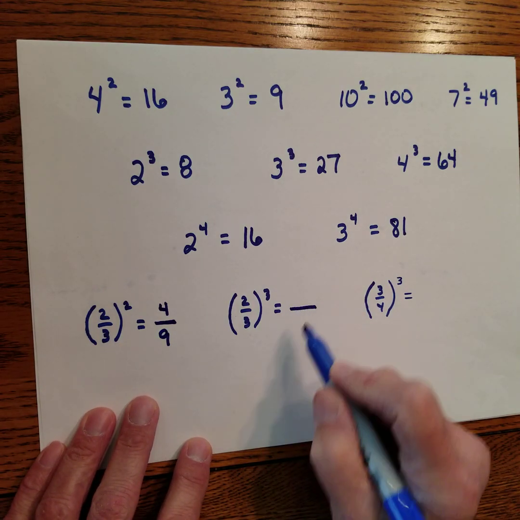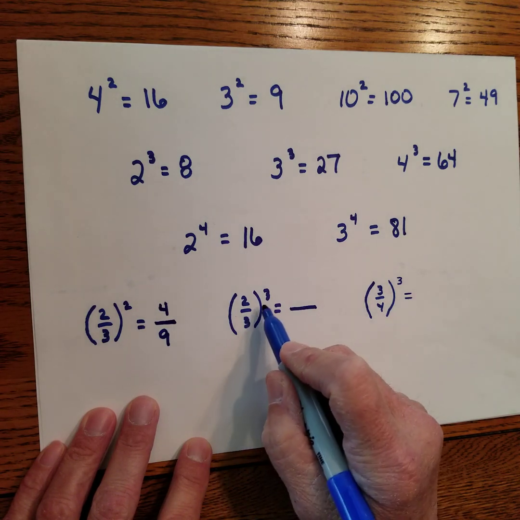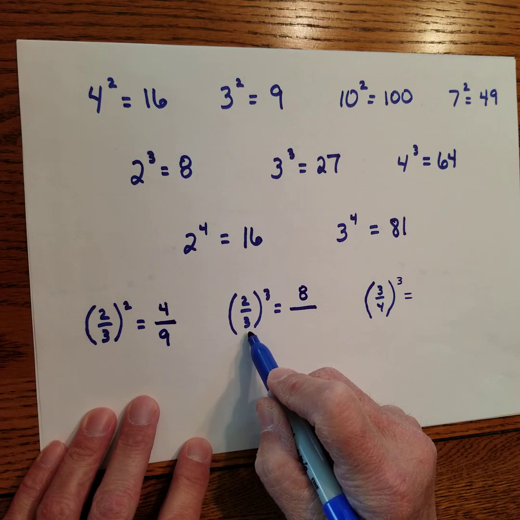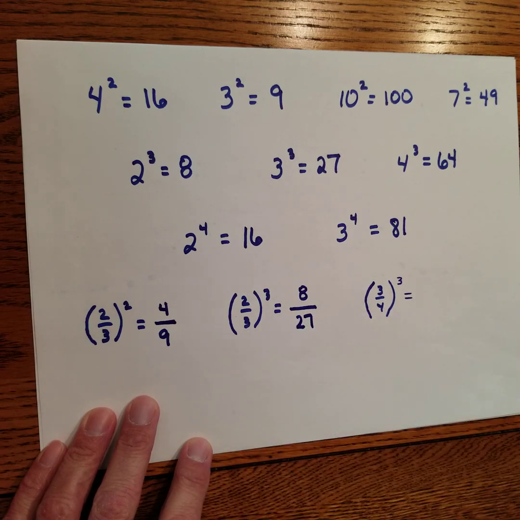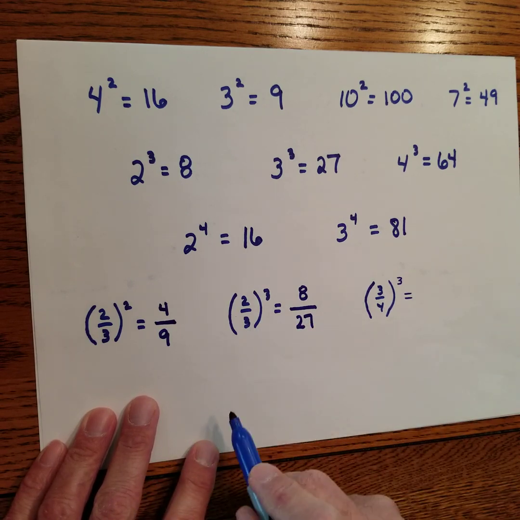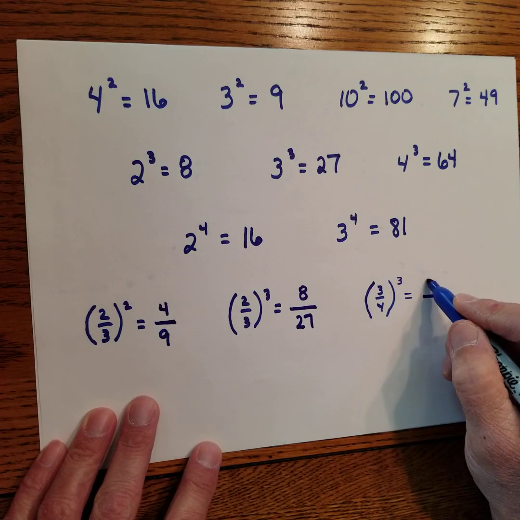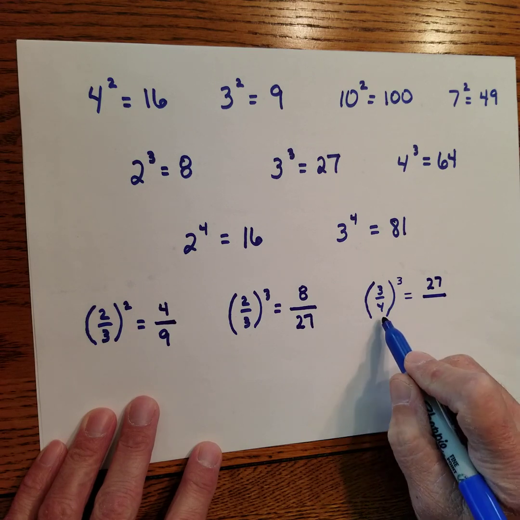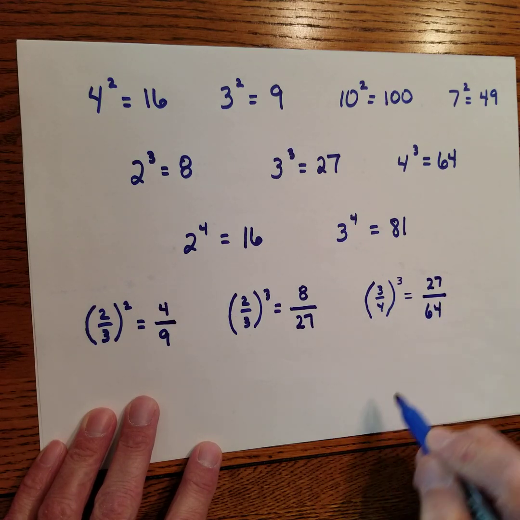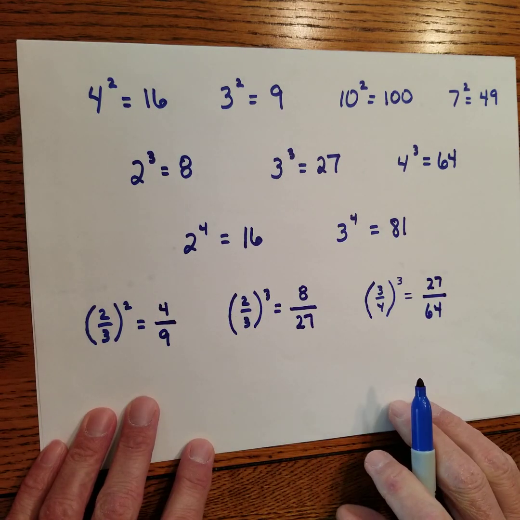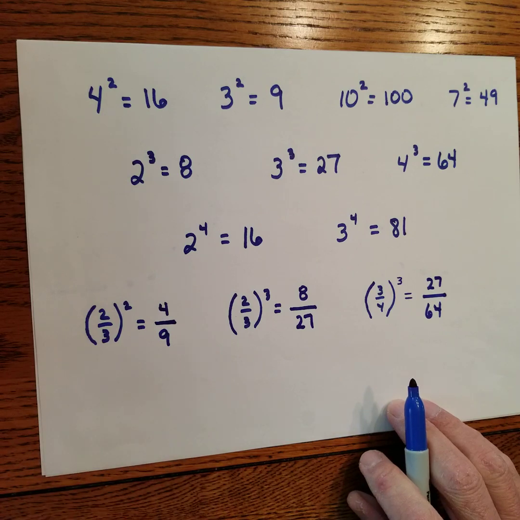Do the same thing with a cube. 2 to the third power, I know, is 8, while 3 to the third power is 27. 2/3 cubed is 8/27. 3 cubed is 27. 4 cubed is 64. So 3/4 cubed is 27 over 64. These exponents will all pop up over the course of the lesson and your homework.